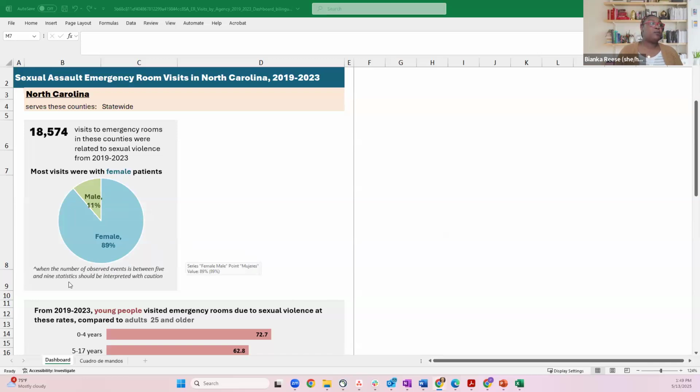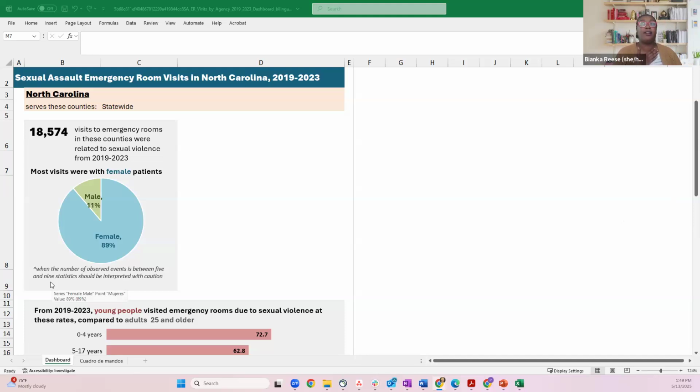What I will mention though about this data, if you are looking at your service area, sometimes when the number of observed events, meaning the number of ED visits, is between 5 and 9, you have to interpret the findings with caution, essentially, because the numbers are so low.